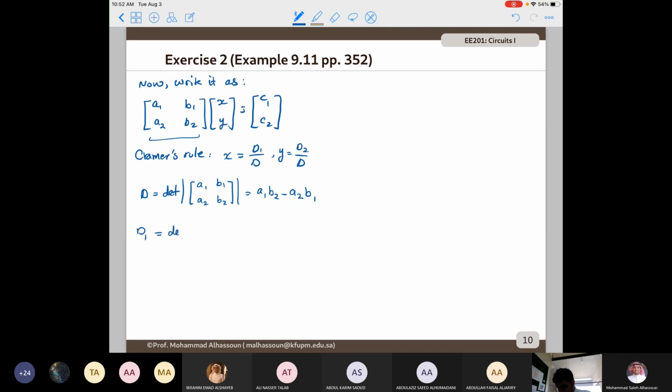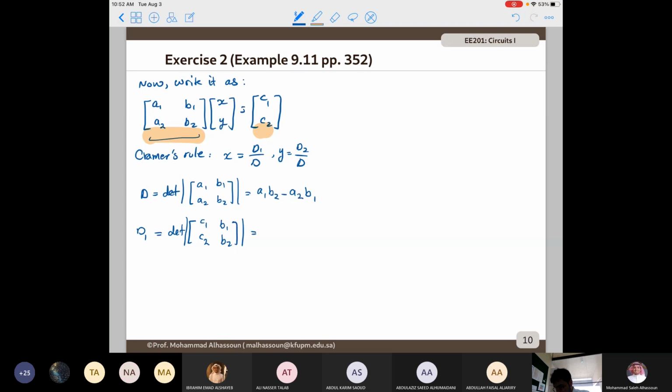D1 is the determinant of the same matrix, but the first column is replaced by the solution, C1 and C2. So I'm going to replace the first column by C1 and C2: C1, C2, B1, B2.